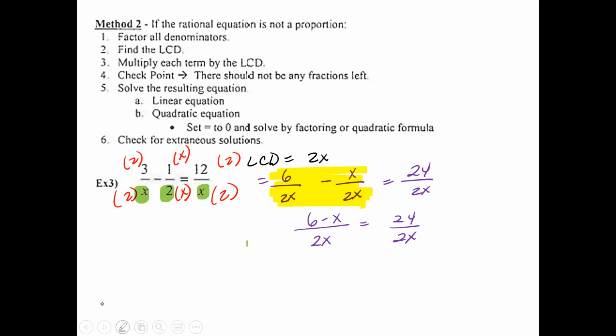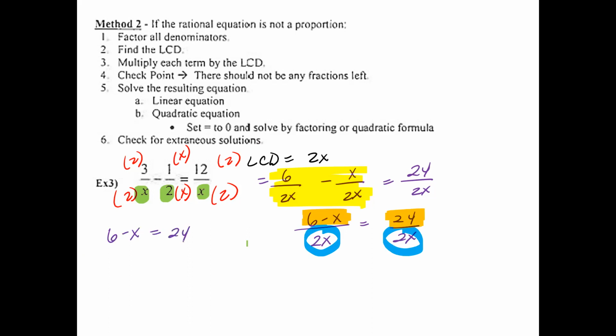But in this situation, since both fractions have exactly the same denominator, this is going to look a little bit weird. You're just going to take the numerators and set them equal to each other. So you have 6 minus x equals 24.